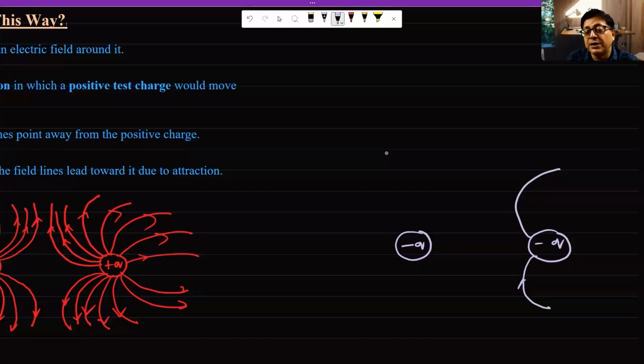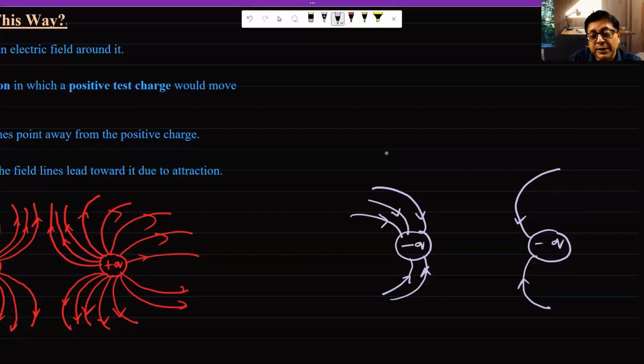The arrow direction will be like this, towards the charge. It will be directed towards the charge always, as I told you earlier, radially inward. So here also field lines are exerting lateral pressure on each other.